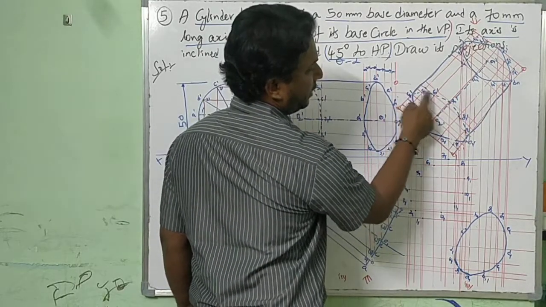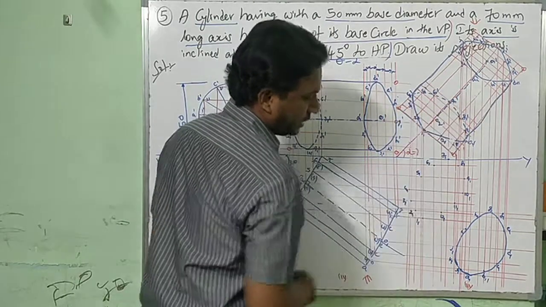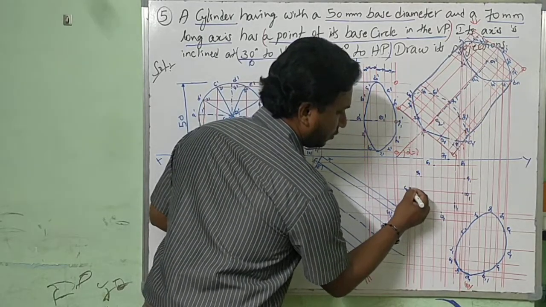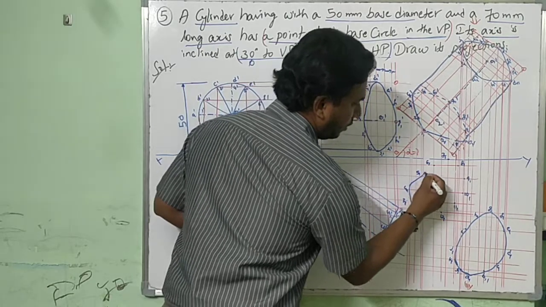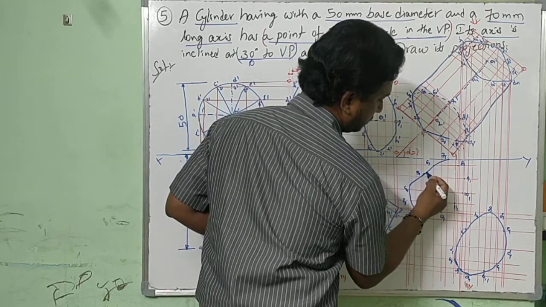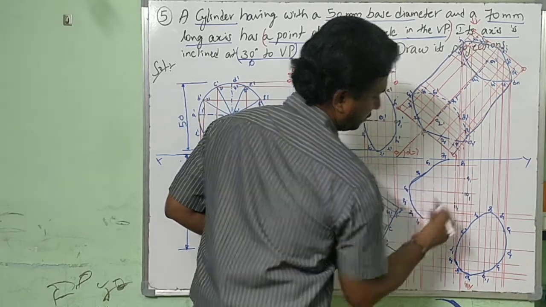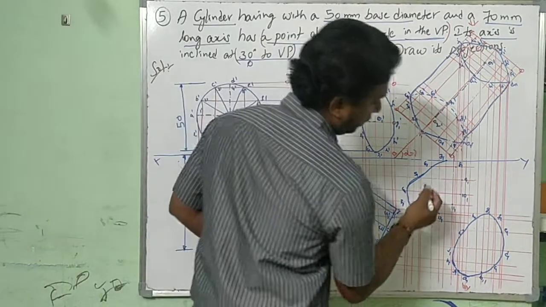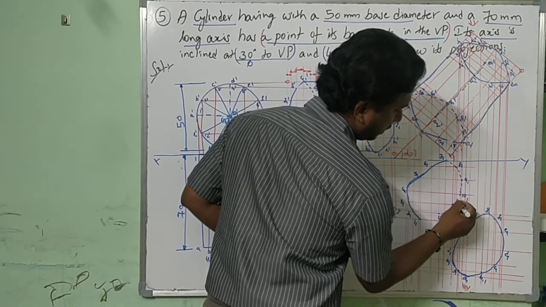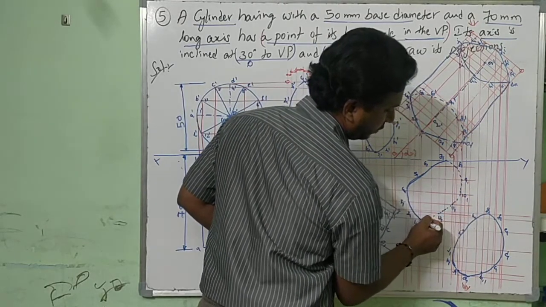1, 2, 3, 4, 5, 6, 7. Those are to be thick here: 1 1, 2 1, 3 1, 4 1, 5 1, 6, 7, up to 7. The remaining are hidden: 7 to 8, 9, 10, 11, 12 and back to 1.